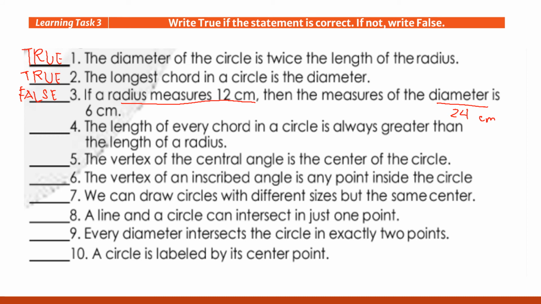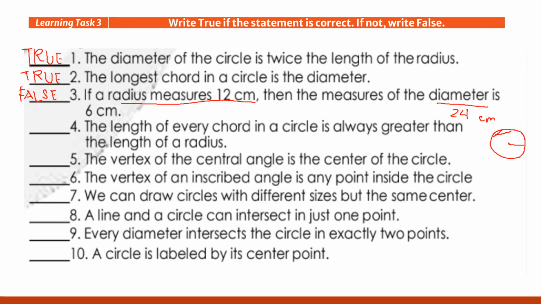Okay? Now, number 4. The length of every chord in a circle is always greater than the length of a radius. Well, maaaring hindi sa lahat ng pagkakataon. Kasi for example, ito yung circle, tapos meron kang radius na ganyan. Meron ka namang chord na gaganito ang sukat, yung magkalapit na magkalapit lang, for example.